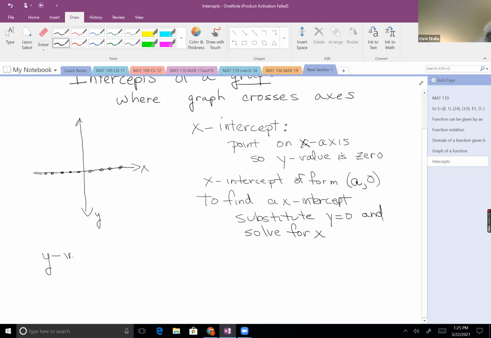Instead, if I want my y-intercept, my y-intercept is going to be a point on the y-axis. And because it's on the y-axis, its x value is 0.